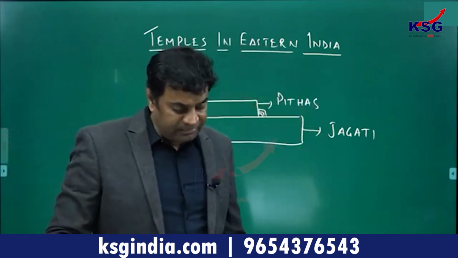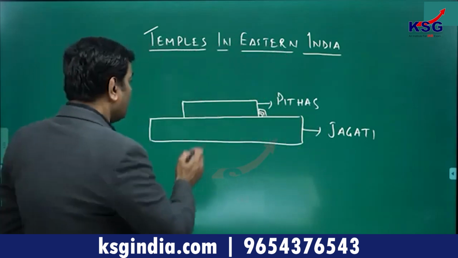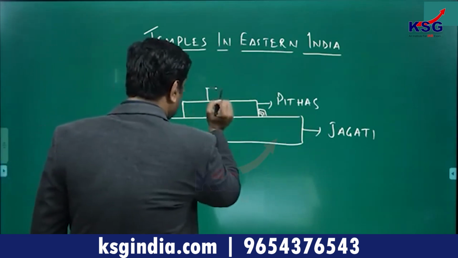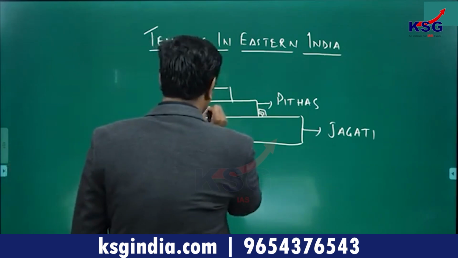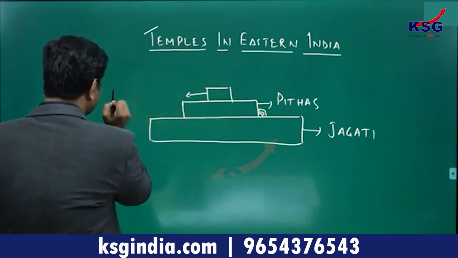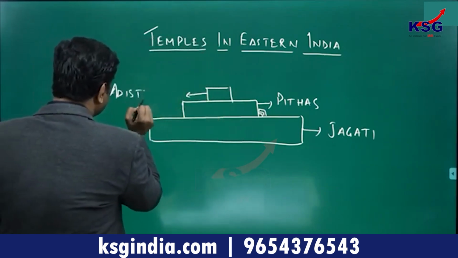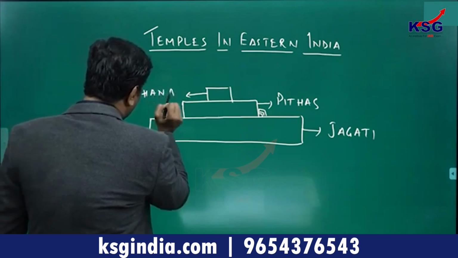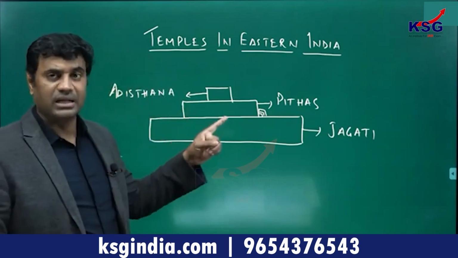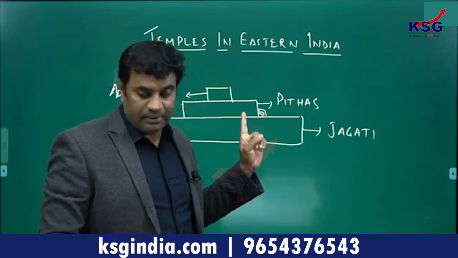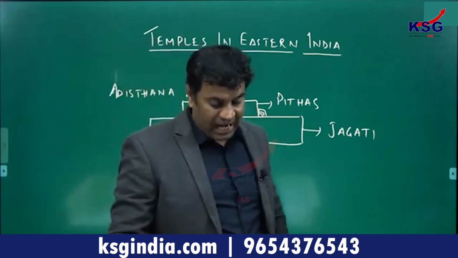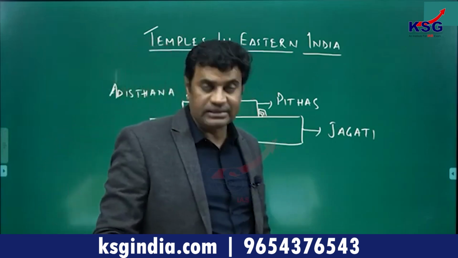And above the Pithas, there's another smaller structure, known as Adhisthan. This Adhisthan basically acts as the Garbhagriha, also known as the sanctum sanctorum.